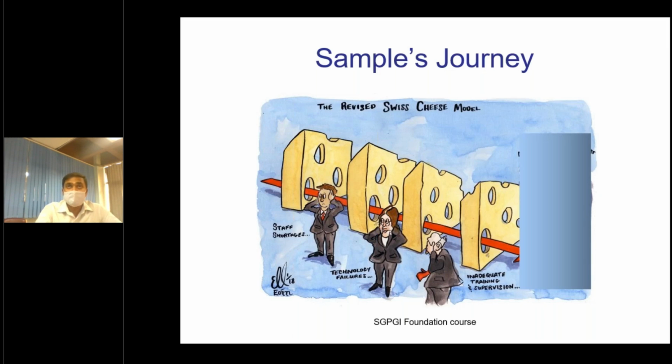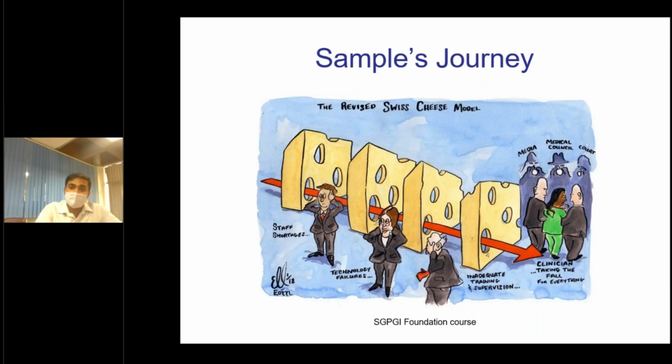If you see here, this is a Swiss cheese model. There are a lot of deficiencies here, but when all the deficiencies are lined up, if all the persons and all the processes go unchecked, then there is a chance of error. And when there is an error, it grabs the attention of all the people around, be it media, the council, or even consumer courts.